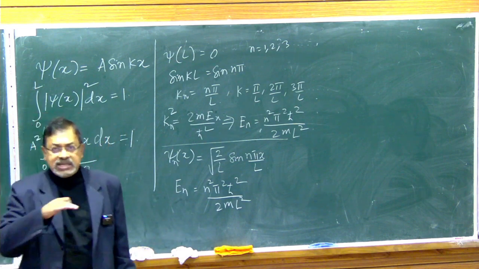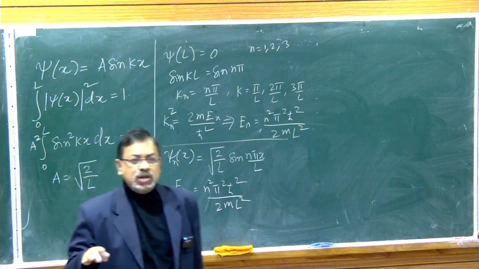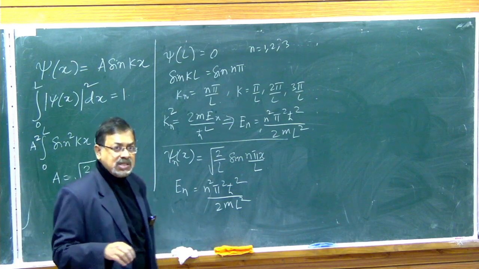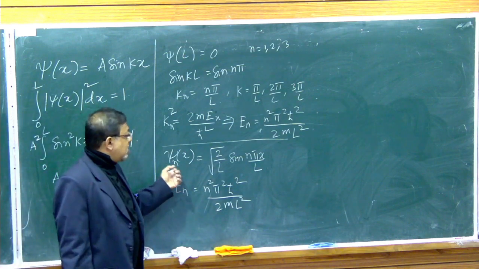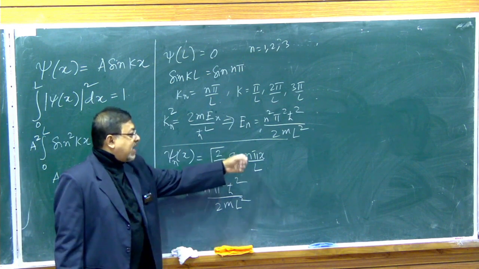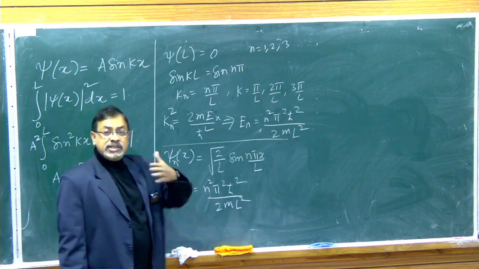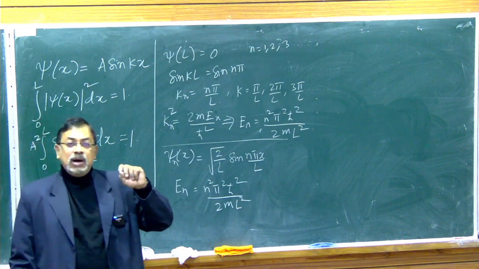The lowest lying eigenfunction is called the ground state. So if someone asks you what's the ground state of this, it is root 2 by L sine pi x by L, and the first excited state would be when n equal to 2.